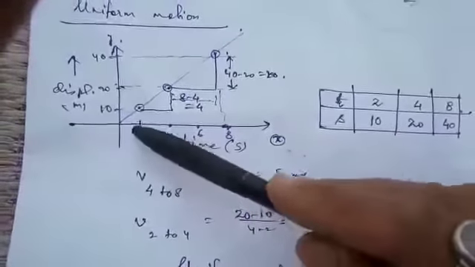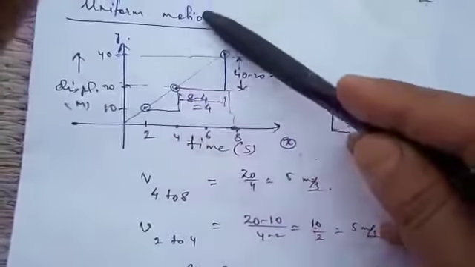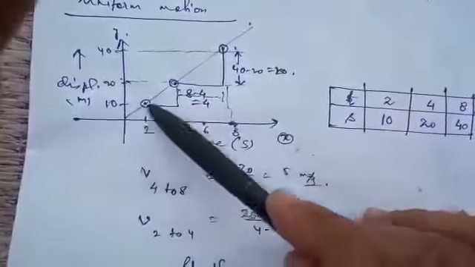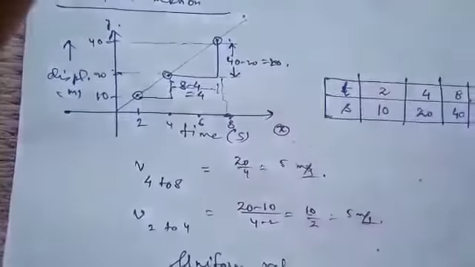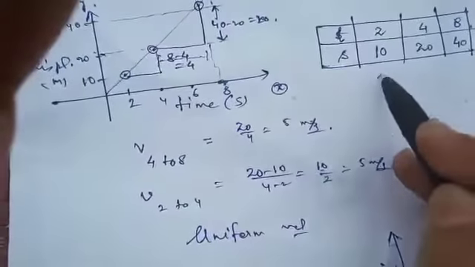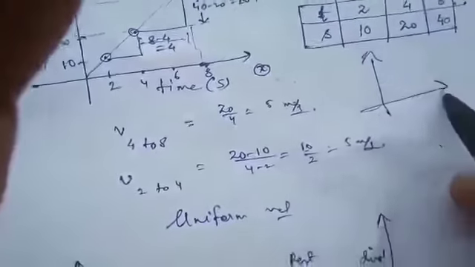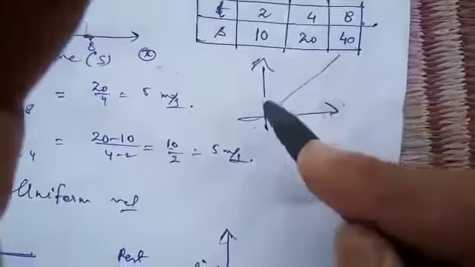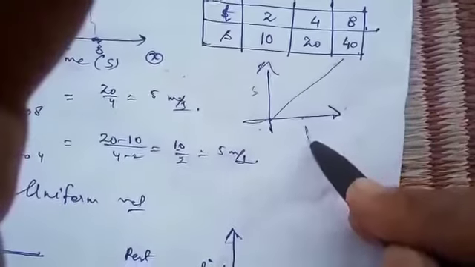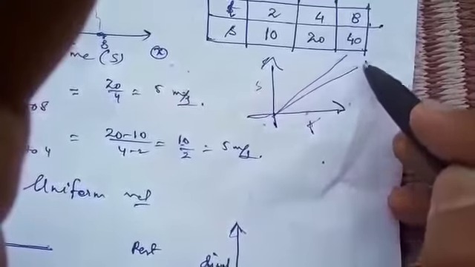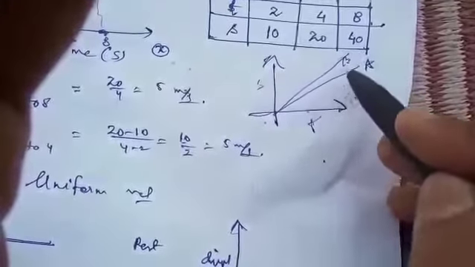The greater the velocity, the sharper will be the straight line. The lesser the velocity, the less steep will be the straight line. So if this is the displacement axis and this axis is time, this is the velocity of body A, this is the velocity of body B. Which slope is steeper?